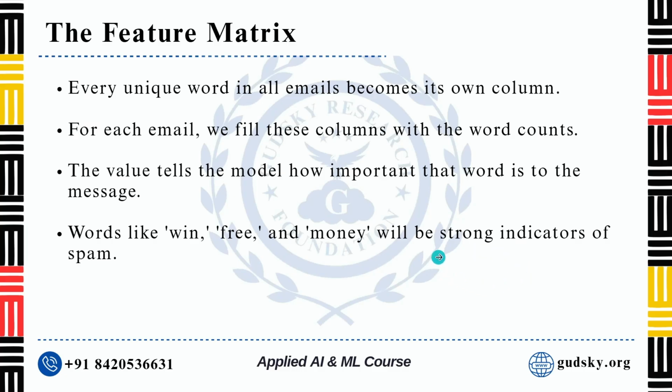This process is often called bag of words. The key idea is that the frequency of words like urgent or password becomes important, and it is the numerical data the model uses to judge.